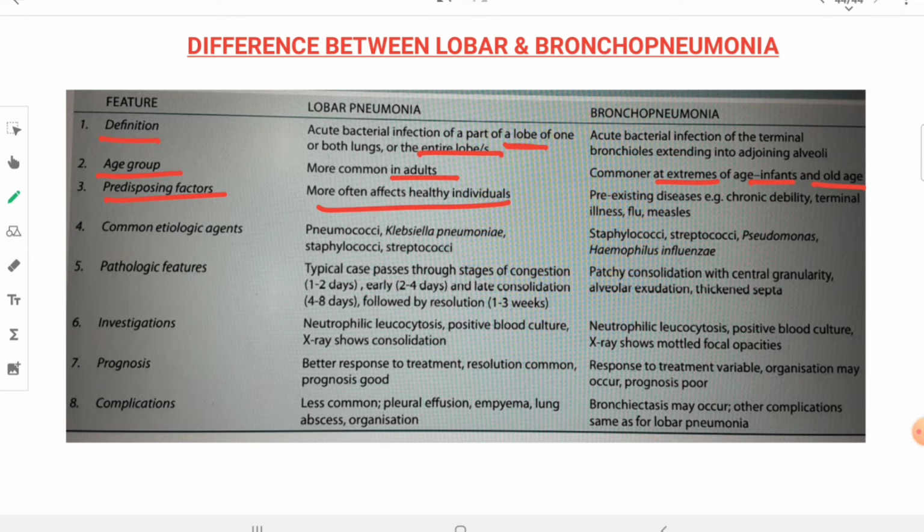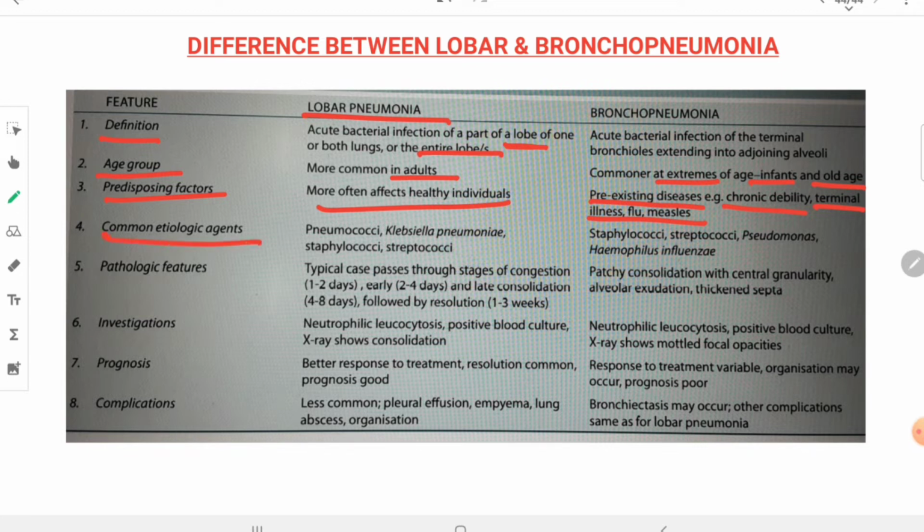But bronchopneumonia usually develops when the patient has a pre-existing illness like chronic debility, terminal illness, flu, measles, etc., or a predisposing viral infection, right? Measles and flu are viral infections. So a predisposing pre-existing disease is present in bronchopneumonia while it might be absent in lobar pneumonia.